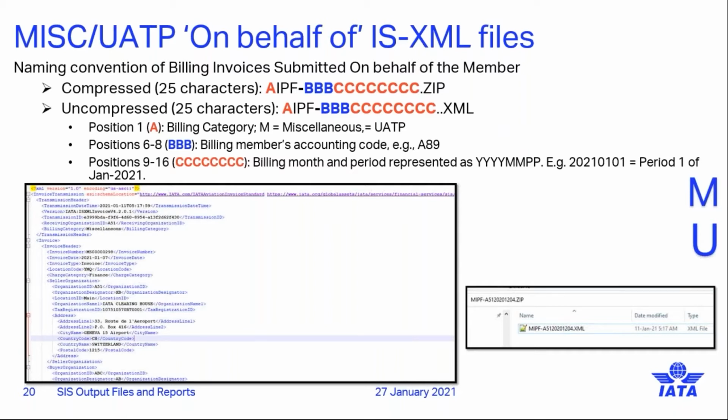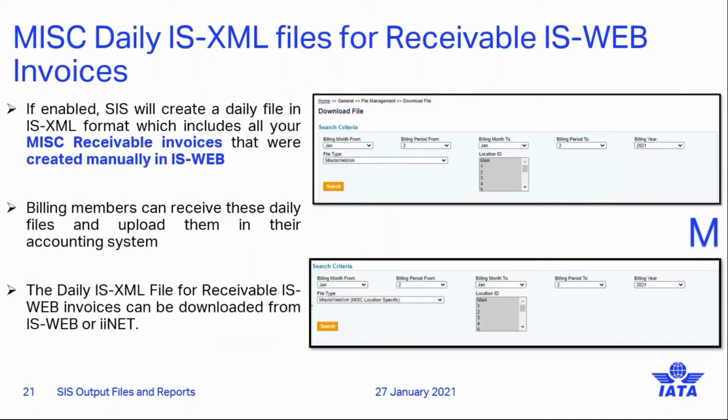Now that we have covered the on behalf of ISXML files, we will go to the miscellaneous daily ISXML files for receivable ISWeb invoices. If you enable this file, SIS will create a daily file in ISXML format, which includes all your miscellaneous receivable invoices that were created manually in ISWeb.